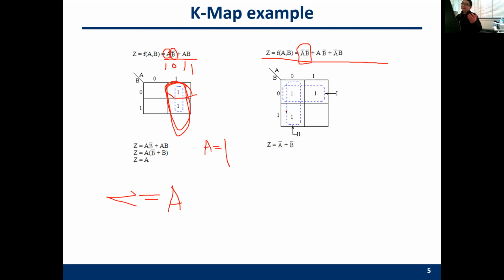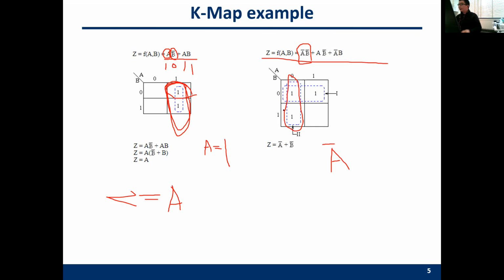So after I have these two circles, I need to calculate the value for each circle. So for this vertical one, A is 0. Because we are also trying to write the min term, if A is 0, I write A bar here. B can be 0 and B can be 1.